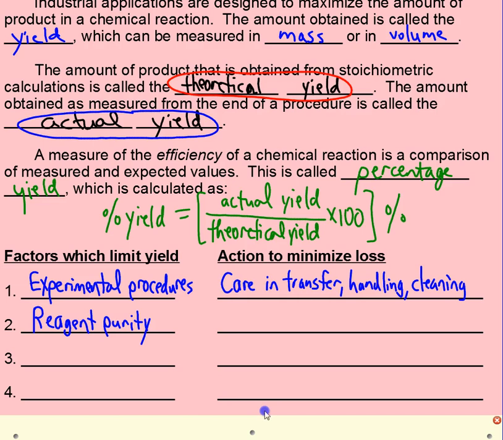So the action to minimize loss or low yield here would be use of high purity reactants, and avoid contamination, which also can be affected by the cleanliness of our equipment.